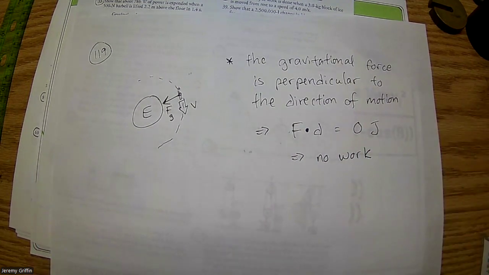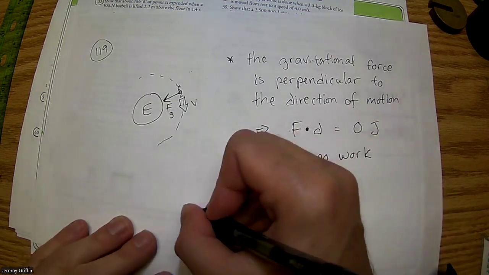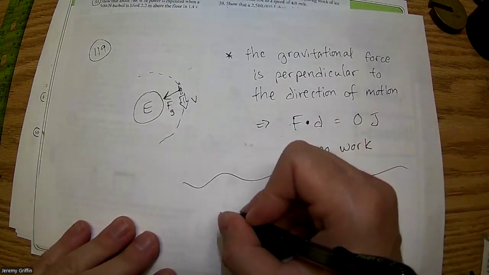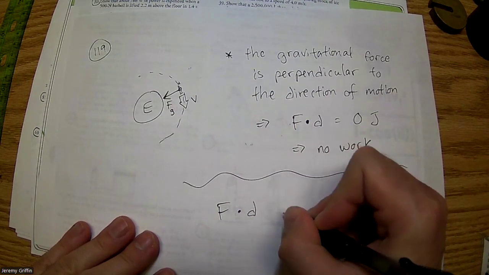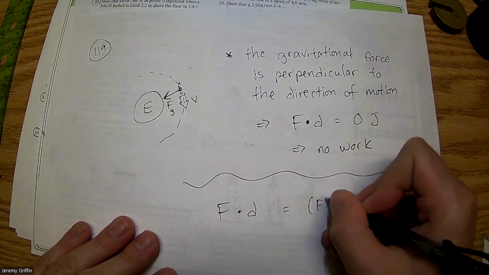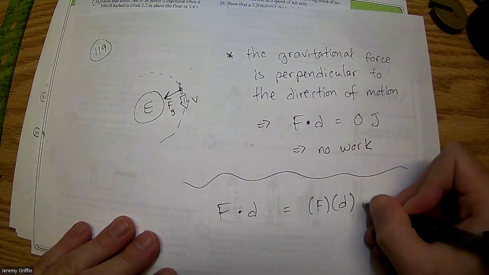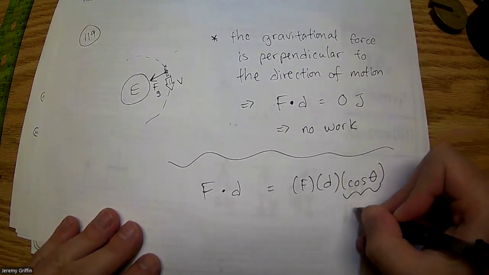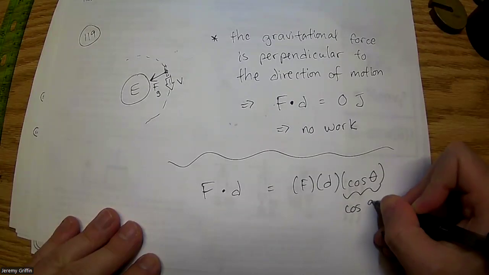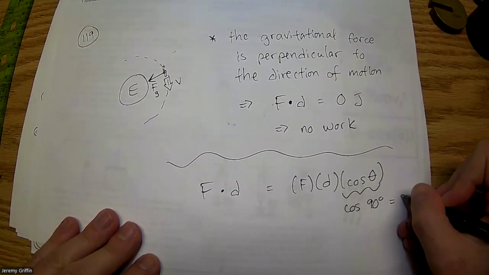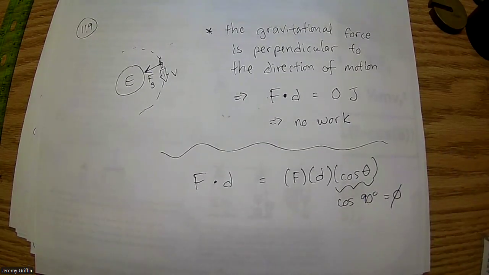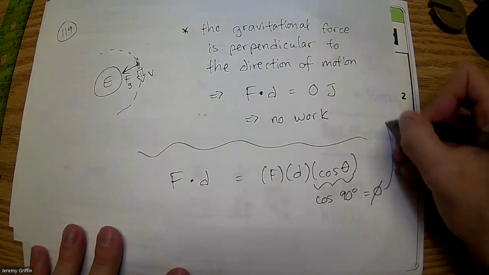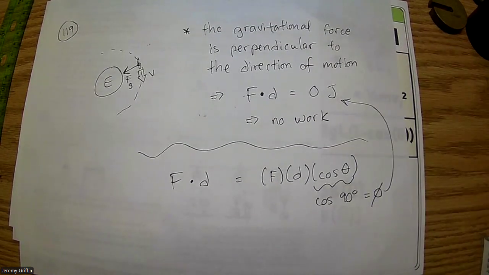There you go. Okay. While you guys are writing that down, just a reminder, when I say F dot D, that's the same thing as the magnitude of the force times the magnitude of the distance times the cosine of the angle between them. But cosine of 90 degrees is equal to 0. Therefore, no work.